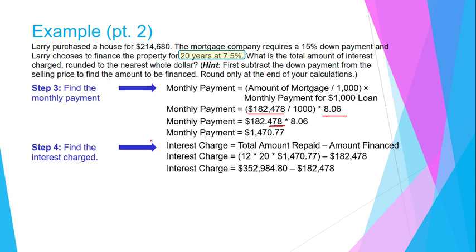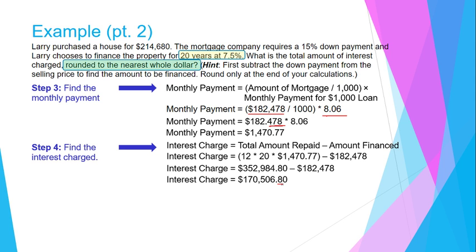Multiply everything inside the parentheses and then subtract. We get an interest charge of $170,506.80. The question says round to the nearest whole dollar.